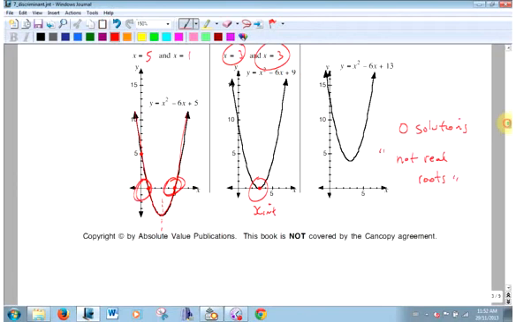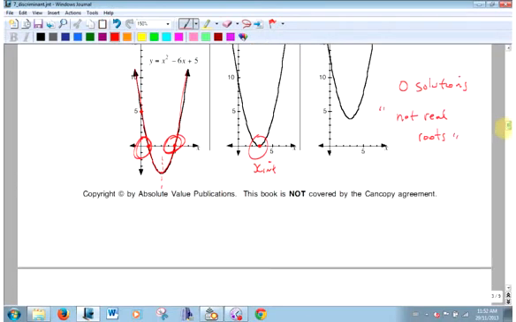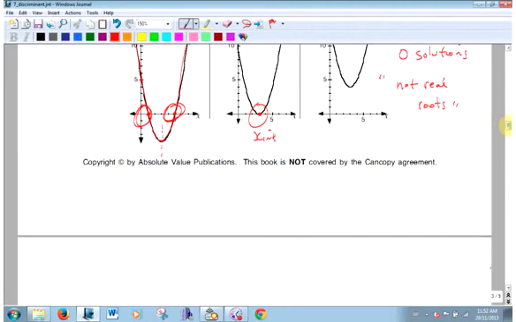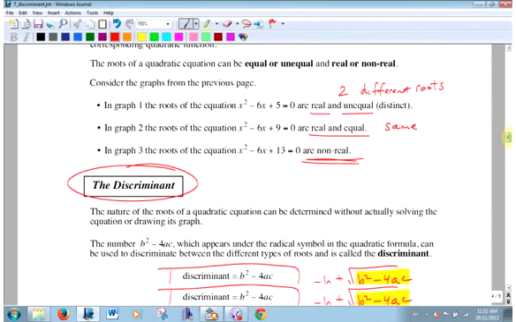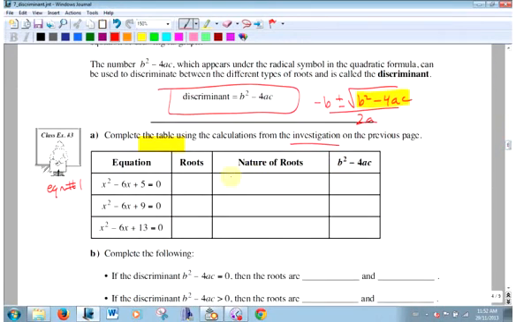I got 2 unequal, unique, distinct, 2 different roots. All right? So, b squared minus 4ac was 16, right? The nature of the roots. What were the roots? I had 1 and 5. They were real and unequal. Or you can say 2 different roots. Okay?